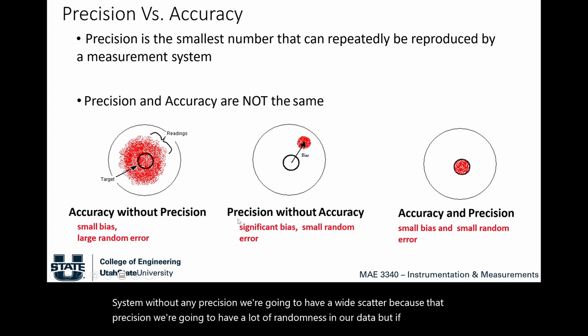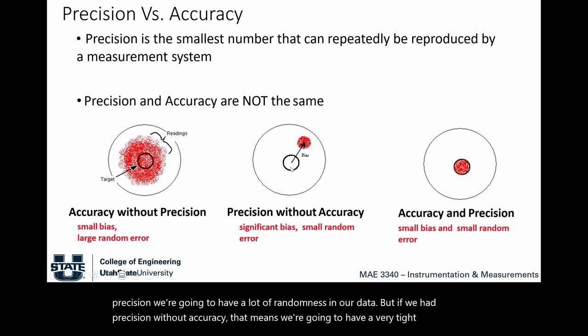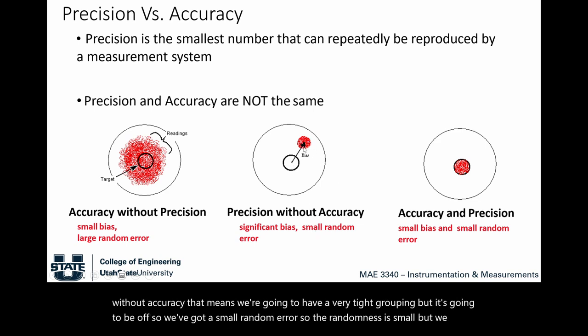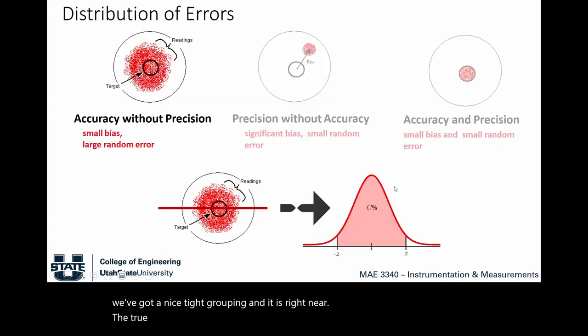But if we had precision without accuracy, that means we're going to have a very tight grouping, but it's going to be off. So we've got a small random error, so the randomness is small, but we have a significant bias. If we had both accuracy and precision, now we've got a nice tight grouping, and it is right near the true value that we're trying to measure.